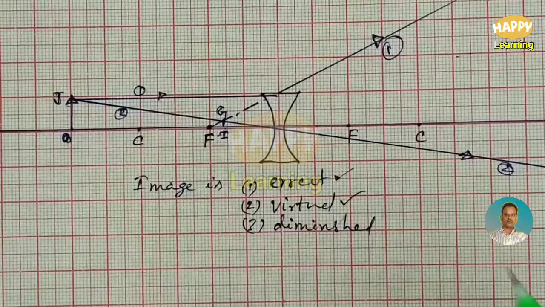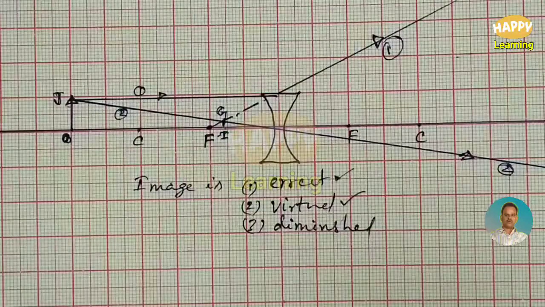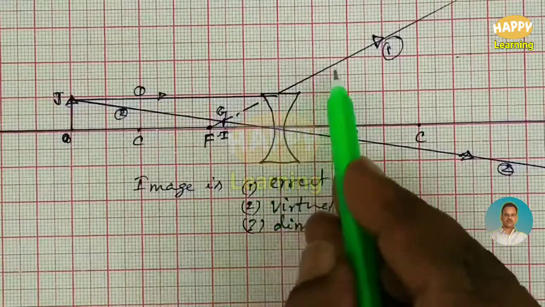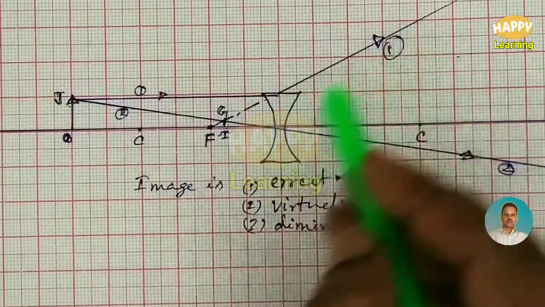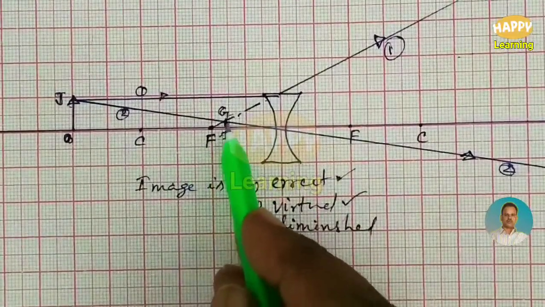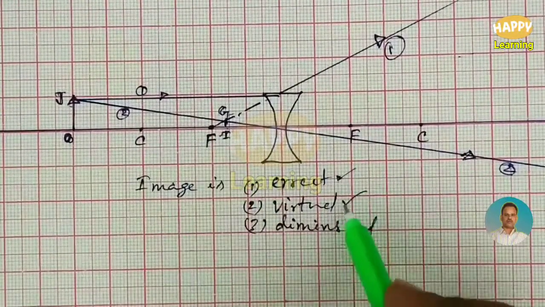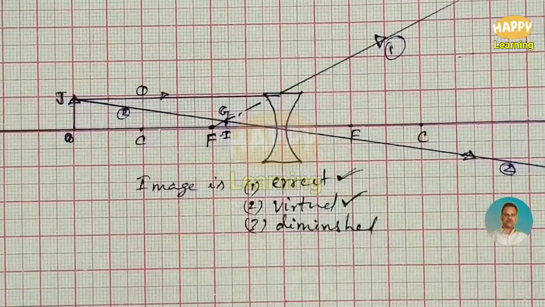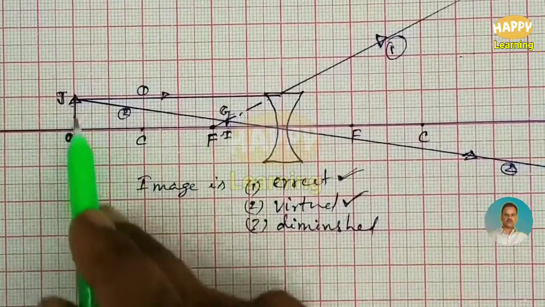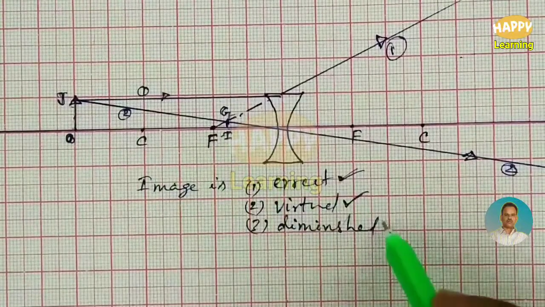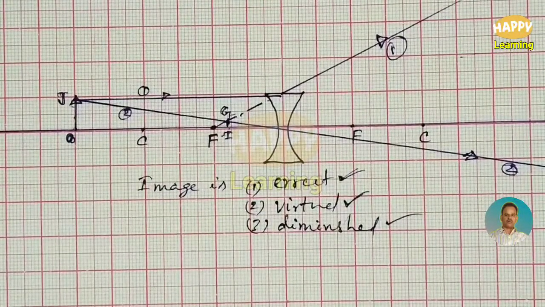If the two rays really meet, that is a real image. If the two rays appear to be meeting when you extend the rays in the backward direction, like this ray is extended backward, here they appear to be meeting. In such case the image is virtual. Diminished: compared to the object size, this image size is small, so it is diminished.